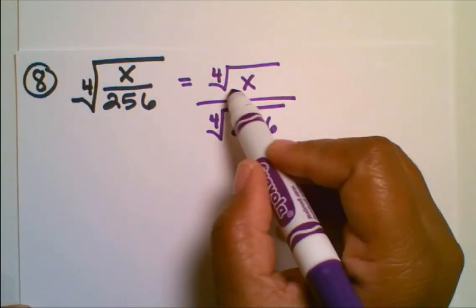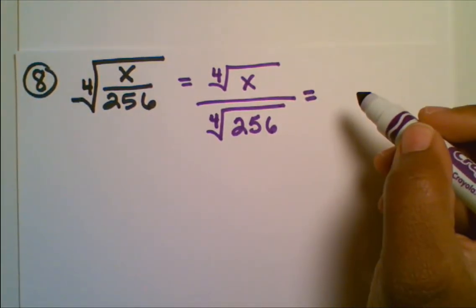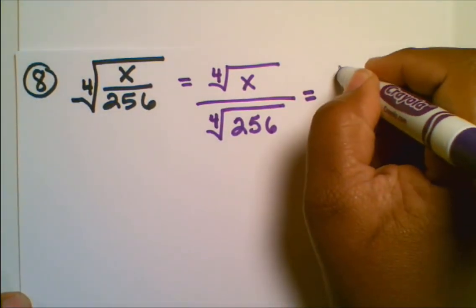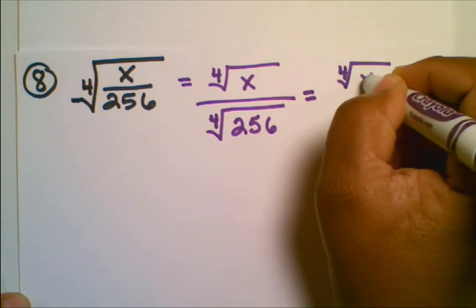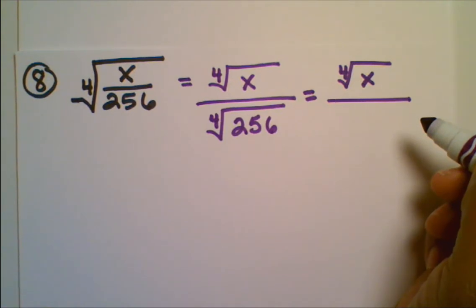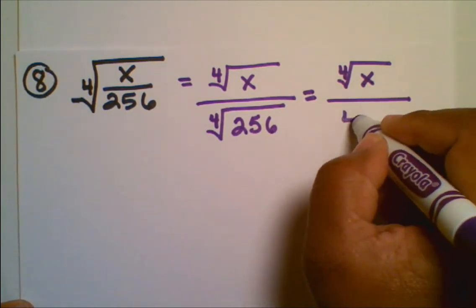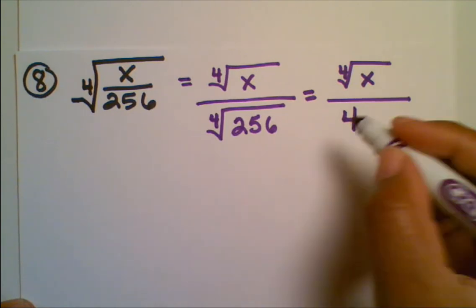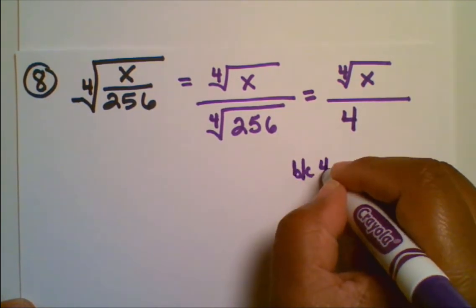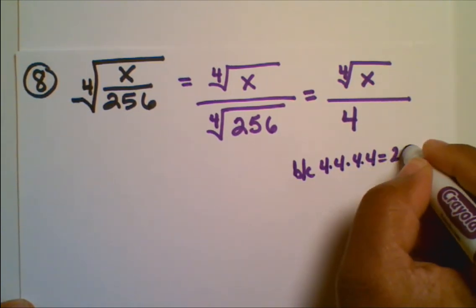The numerator, the fourth root of x, there's really nothing that we can do about that other than just say the fourth root of x. But the fourth root of 256, can you find 4 identical factors that will give you 256? That will be 4, because 4 times 4 times 4 times 4 is 256.